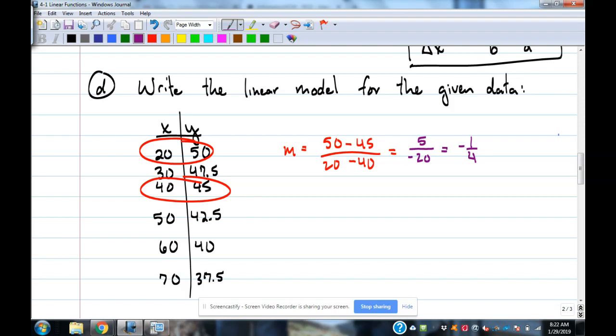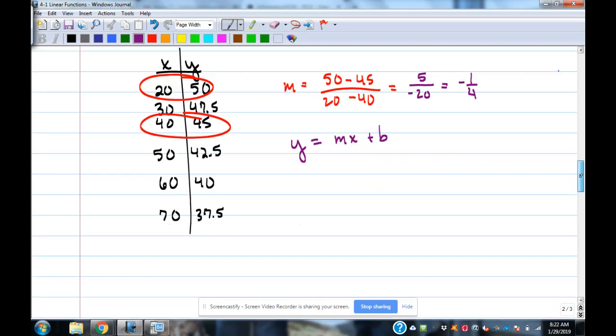So we get a slope of negative 1/4. And we know that should be a slope-intercept form equation, so we have negative 1/4 x plus b equals y. Then we want to find the y-intercept.